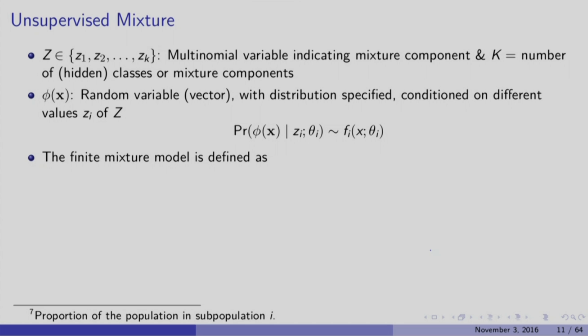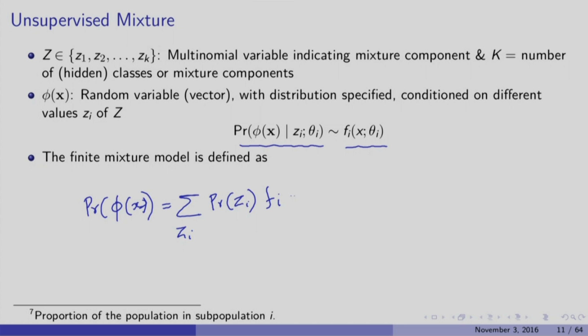So let us say the probability of generating a point phi x from the ith cluster is given by the density function fi x with parameter theta i, and then the finite mixture model is defined as the probability of phi x being modeled as a sum over all the hidden clusters of the prior probability of the cluster times the density function based on that cluster.